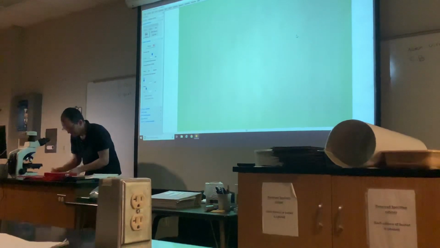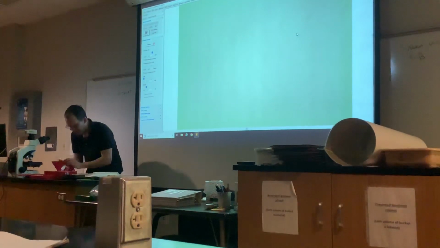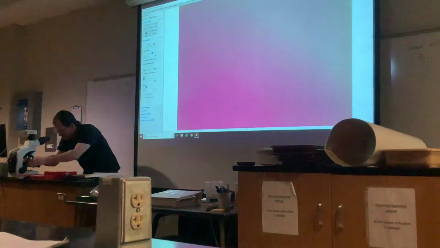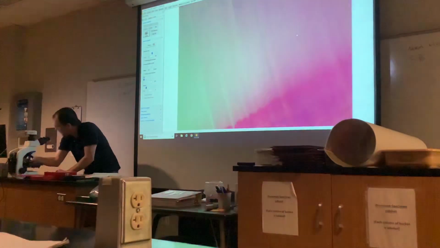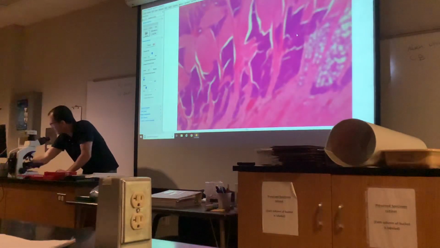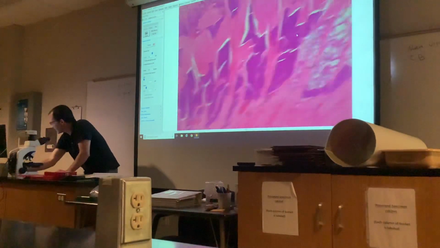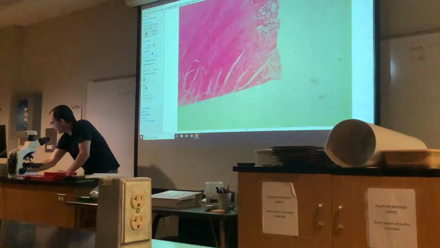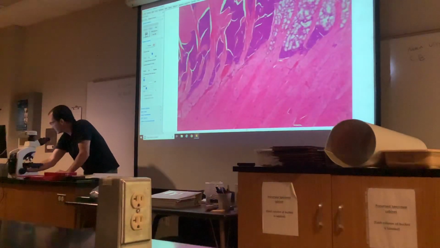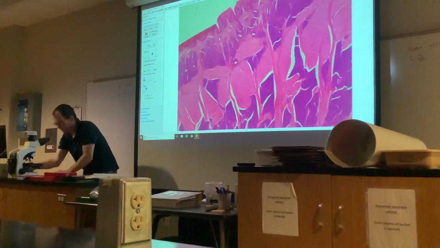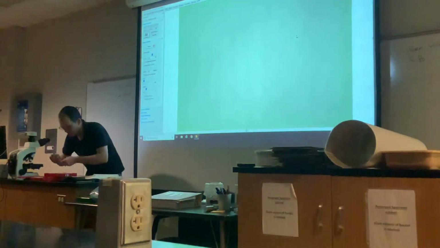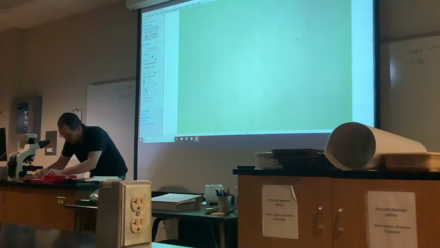They'll have the parotid and the lingual and the submandibular. This one's just lingual. And it's not a great one because it's really compact. So let me see if I can get one that looks more like a typical one.